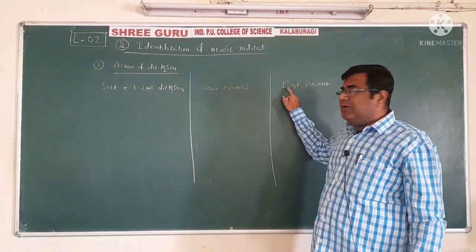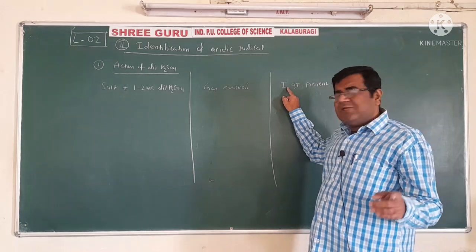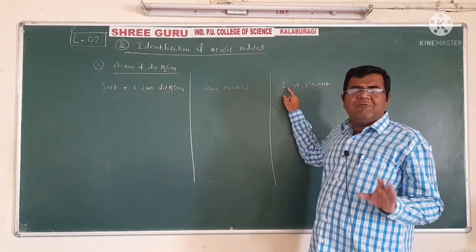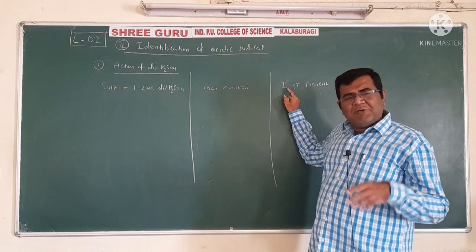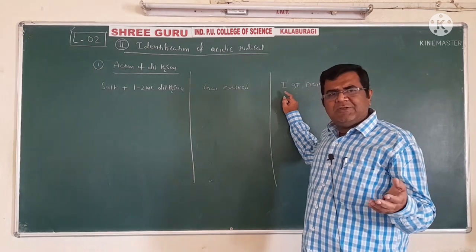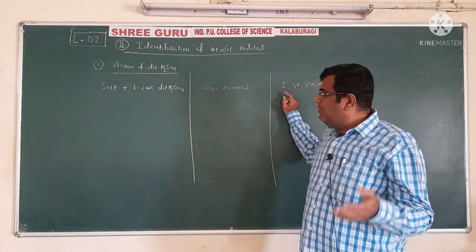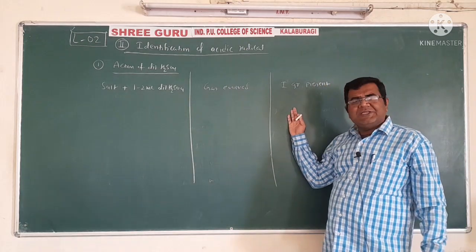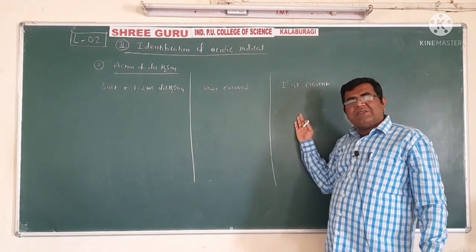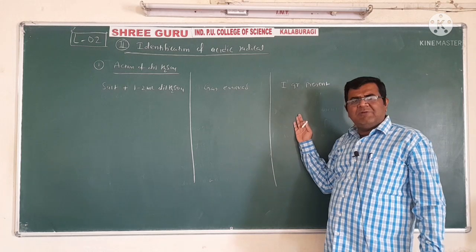In the inference column, unless you write the group number, you will not get 1 mark for it. Even though some students tell the examiner correctly, I am getting first group, if they do not write it in the answer paper, your mark will be deducted.